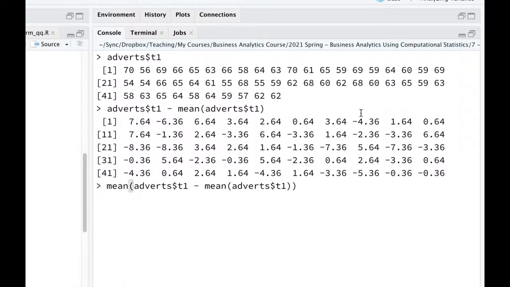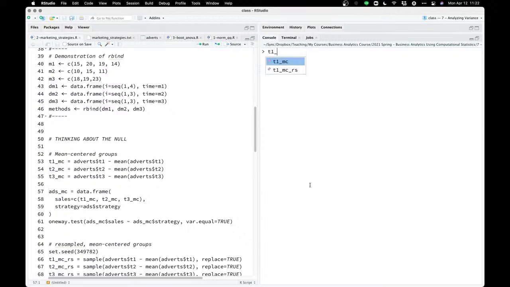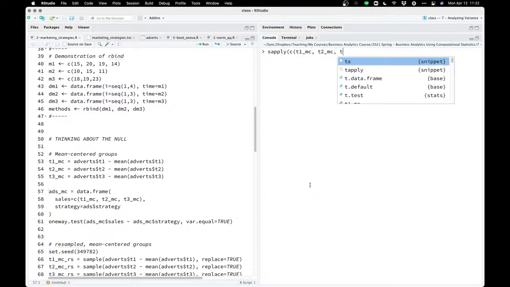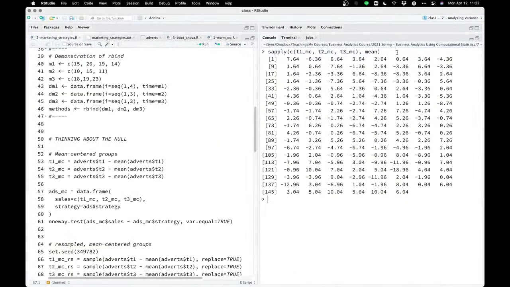On average, the mean of the mean-centered treatment should be pretty much 0. That's your computer's way of saying 0, to 16 decimals. I can do the same for the three treatments. Let me find the mean of these three mean-centered treatments.